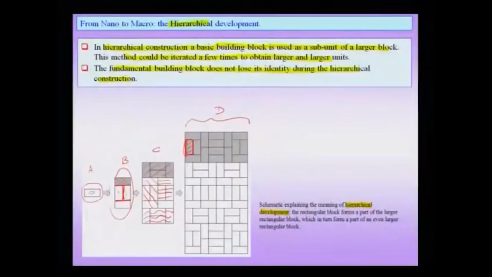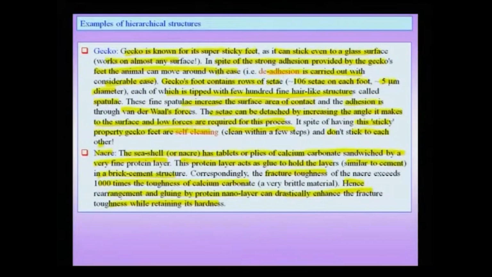This is done in a manner, though not identical to this kind of construction, but very similar to it, wherein you have these calcium carbonate layers, and in addition you have these protein layers, which are intertwining these calcium carbonate layers. And we have a hierarchical construction of this, and the overall geometry and arrangement of these nanoprotein layers along with the calcium carbonate layers gives this nacre very good impact toughness.